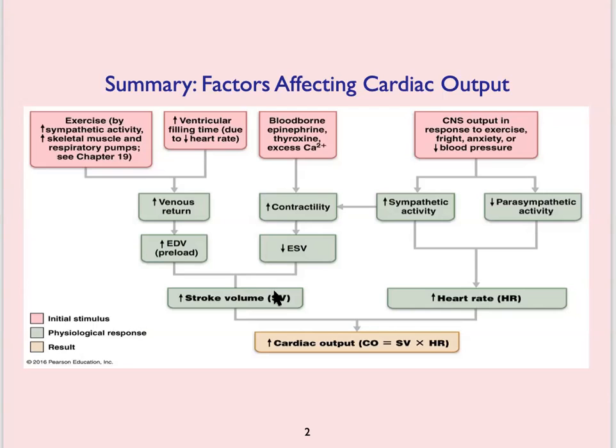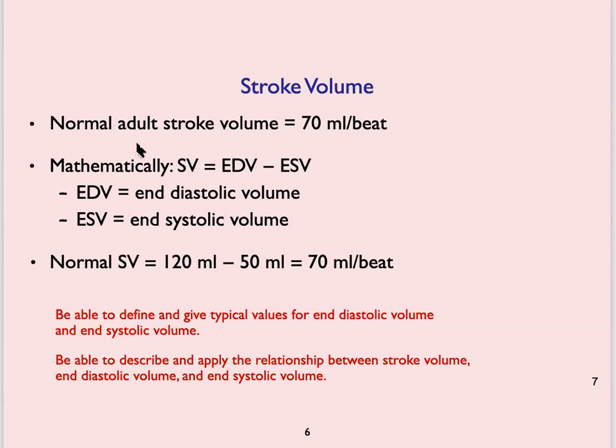But what are some of the factors that contribute to changes in stroke volume? This is the next part that we'll look at. Stroke volume is the volume of blood ejected by your ventricle in 1 beat, and normal adult stroke volume is generally around 70 milliliters per beat. End-diastolic volume, we recall, is the volume of blood in your ventricle at the end of its relaxation.